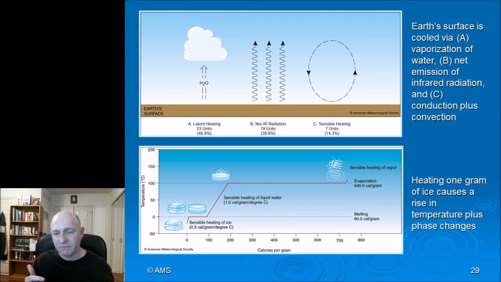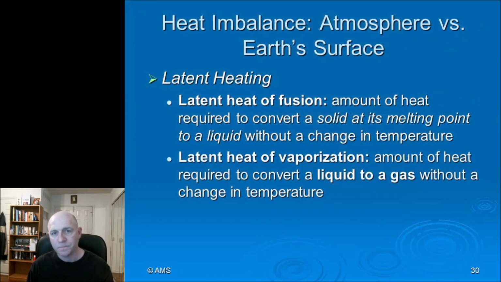Let's say you want to change water to vapor: 93 degrees C, 94 degrees C, 95, all the way to 100. You have to keep adding energy to get it to jump from liquid at 100 C to a vapor at 100 C. It takes a big jump in energy. Right? It doesn't just flip and it's there. It takes energy to go through that phase change and then to resume raising the temperature.